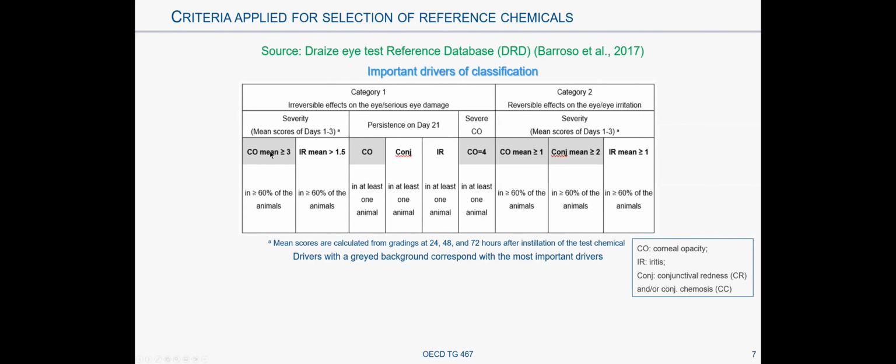So it is CO severity, or corneal opacity severity, and persistence of corneal opacity for category 1. So actually the groups with the drivers with the gray background were represented in our study. And then for category 2, it is corneal opacity and conjunctival effects. So there were no specific liquids that were classified based on iritis only in our data set.